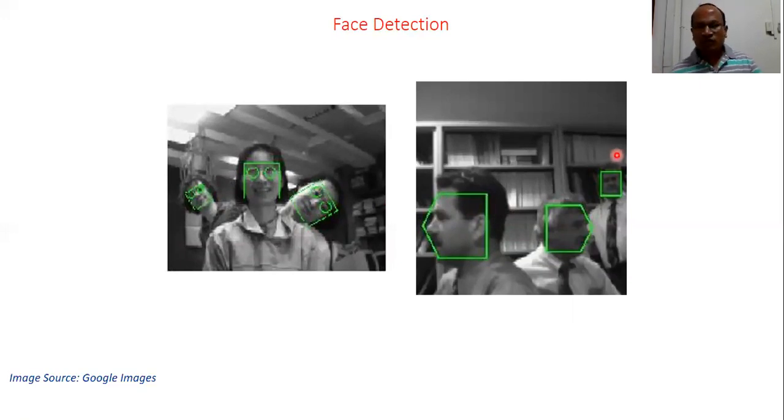So if there is a huge crowd and you are interested in identifying a particular person, you concentrate on detecting the faces, and then after capturing and detecting all faces, you again use some machine learning or image processing method to identify whose faces these are, that is, who the persons are that these faces are representing. So this is one application.